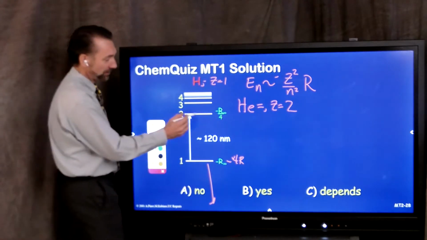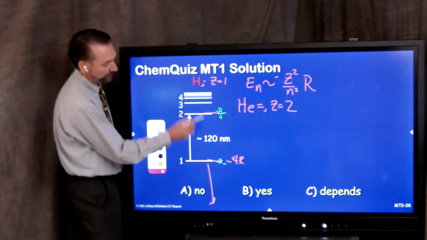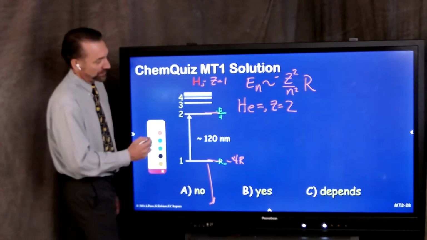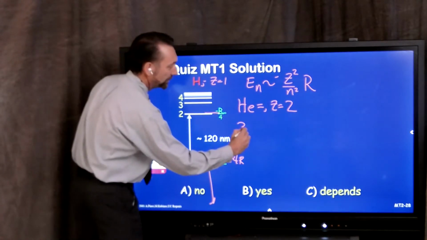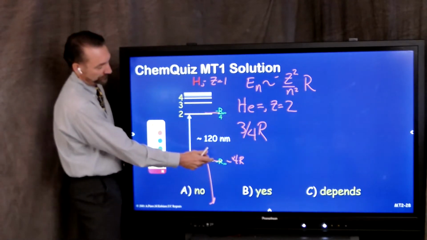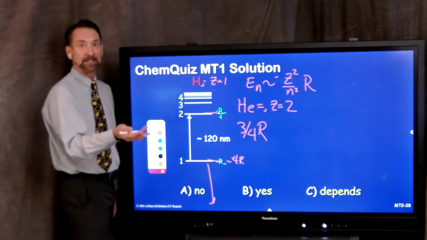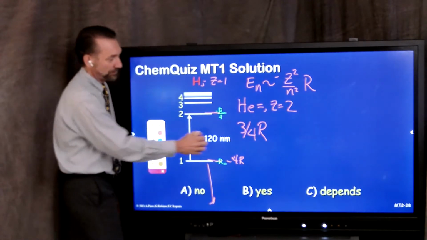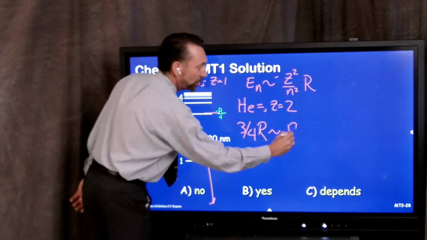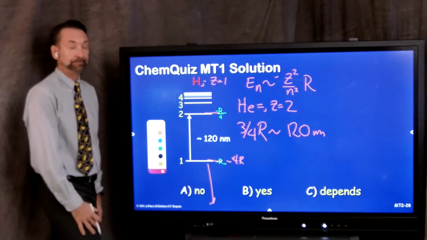So what you had to think about yourself is, well, this distance here from 1 to 2 in hydrogen is about 3/4 of a Rydberg in energy. You're going from minus R to minus 1/4 R. That's 3/4 of a Rydberg. So that corresponds roughly to 120 nanometer wavelength.